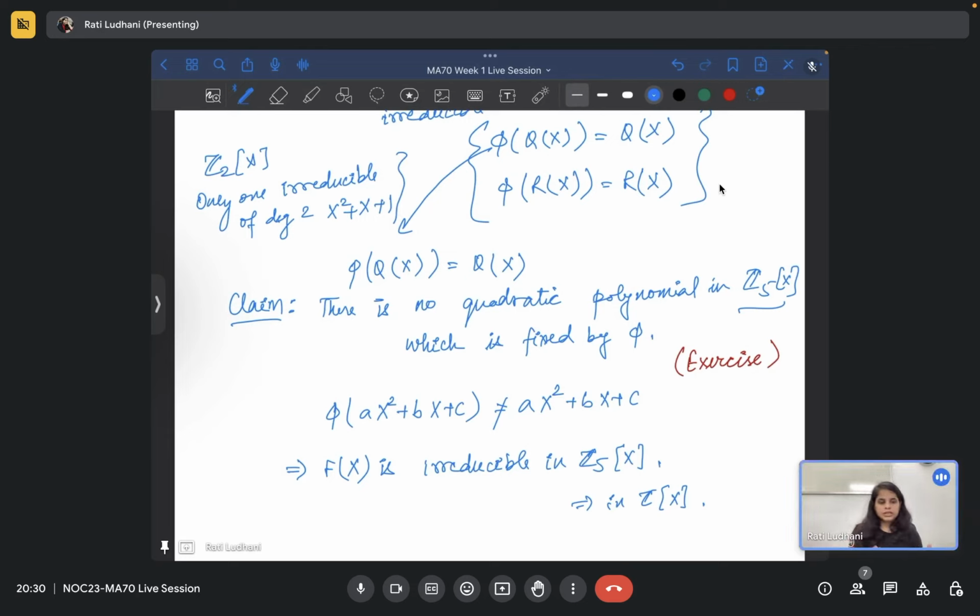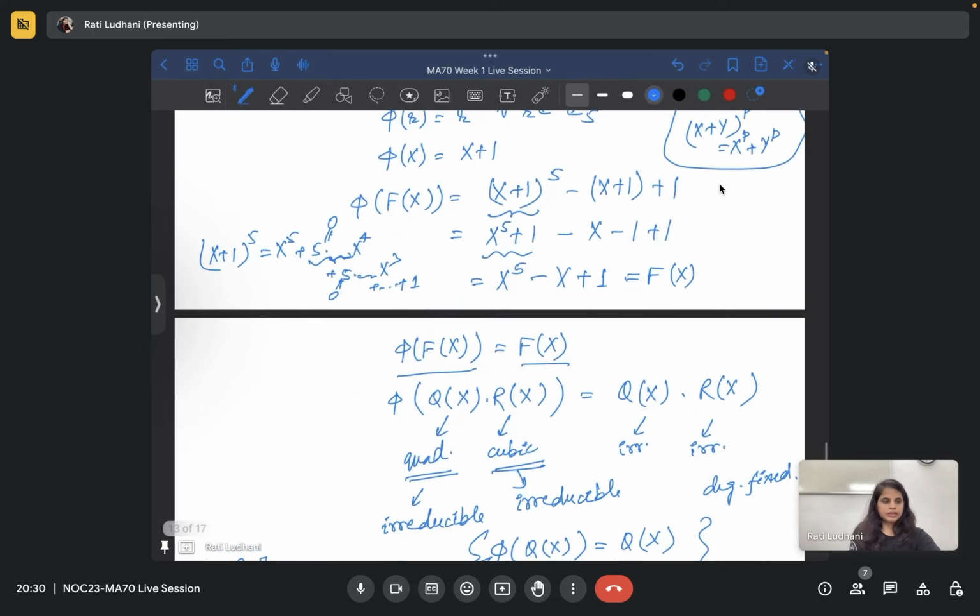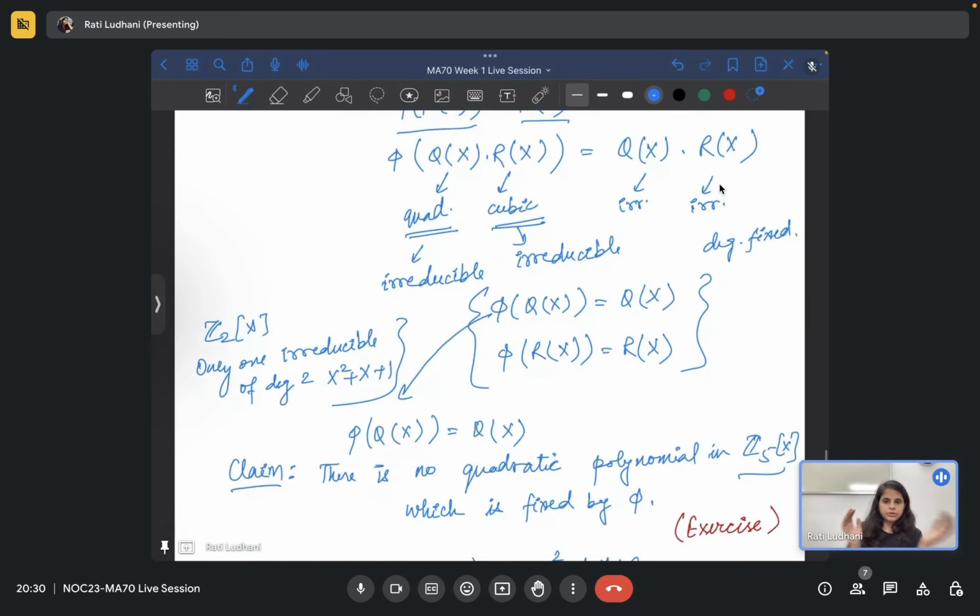No, because we have gone to Z5, that's why we have f(x+1) equal to f(x). Yes, you observed correctly. It helps because you are in a smaller ring; Z[x] is a big ring, so in a smaller ring you can figure things out better. But of course, this does not settle everything.